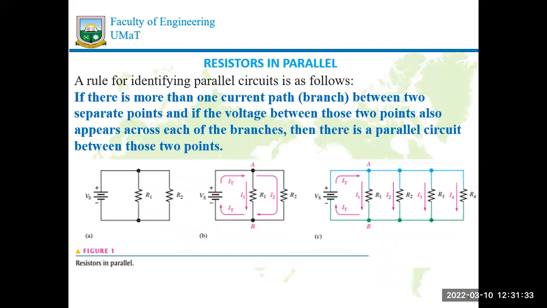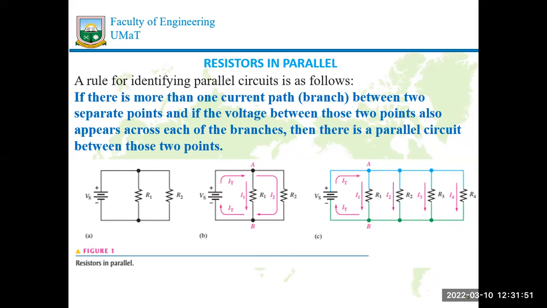Now we want to look at resistors in parallel. So the fundamental rule that we considered for resistors in series was that the current through the set of resistors remains the same.